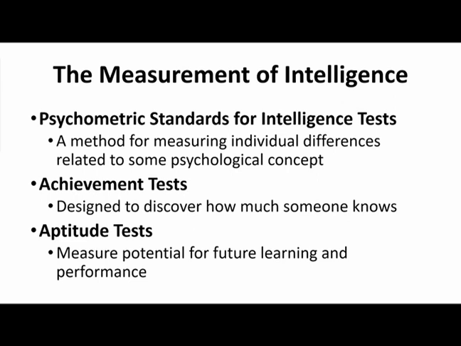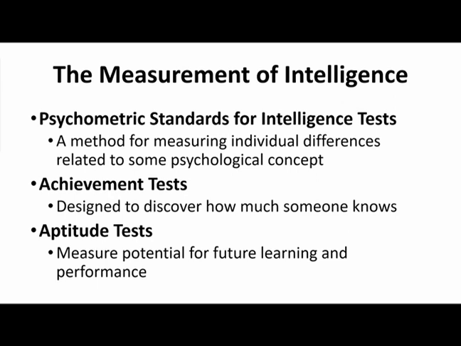So when we're talking about intelligence tests, intelligence is itself the construct, and the scores that we're developing, the output of these tests, are a result of our operational definition of that construct.